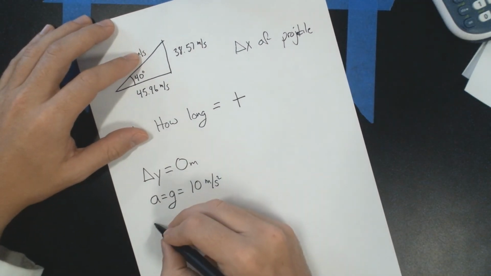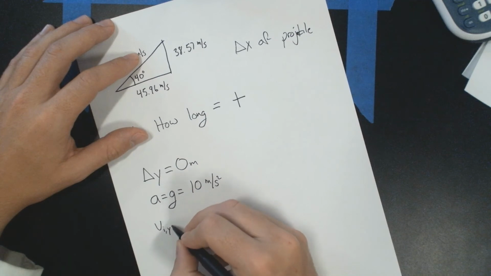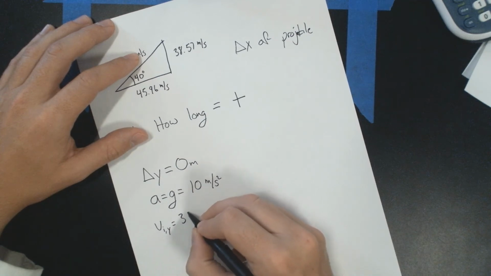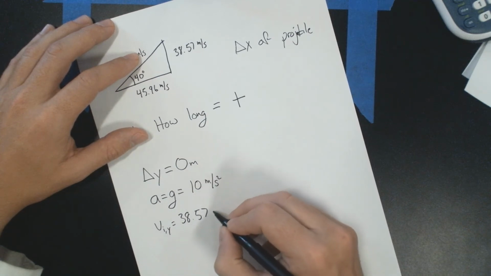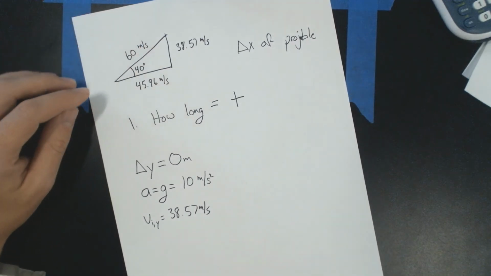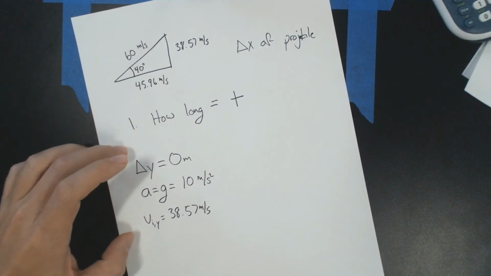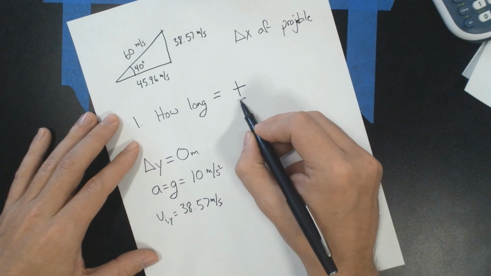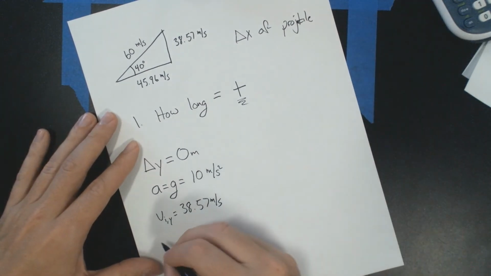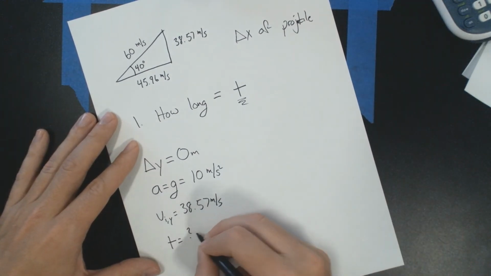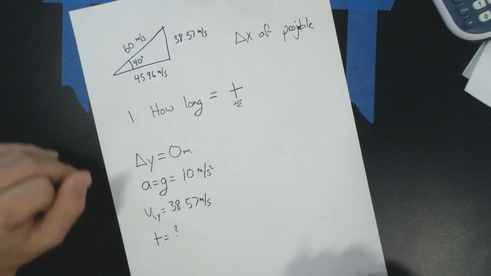In the y direction, my initial velocity was 38.57 meters per second. So I have my three variables, and I want to solve for time. Time is the thing that I don't know, so let's go ahead and solve for time.